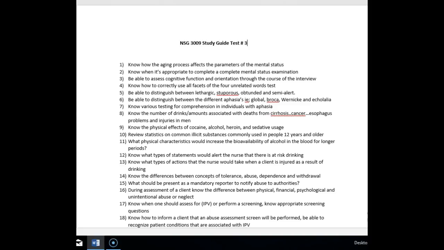But only the suspicion, especially if it's elder or child abuse or neglect, is really necessary in order for you to report to someone.